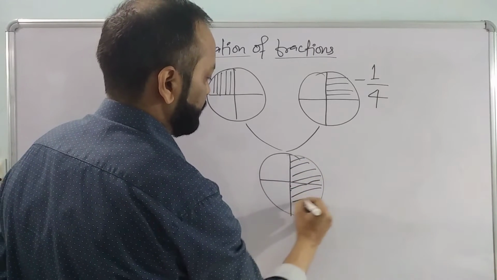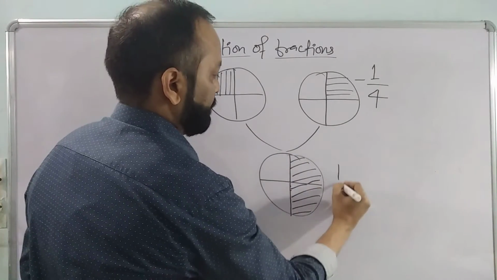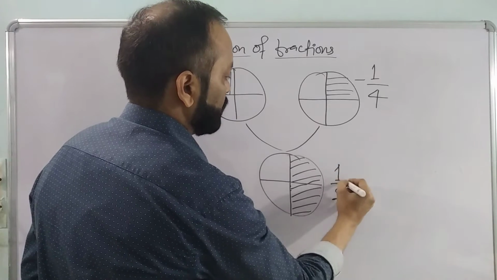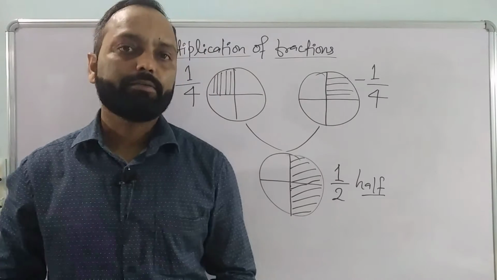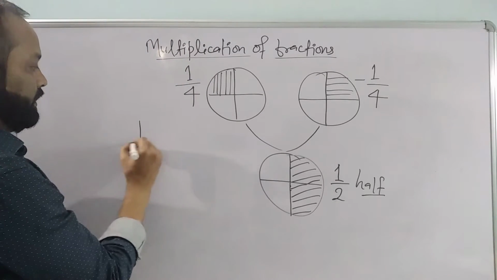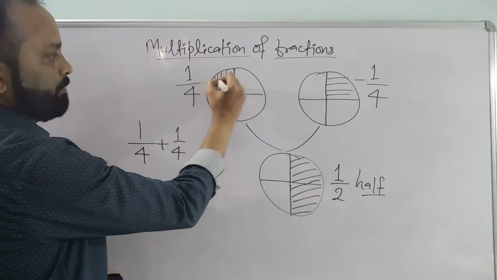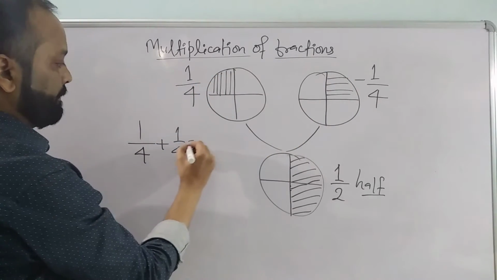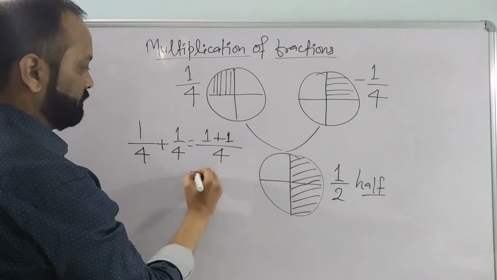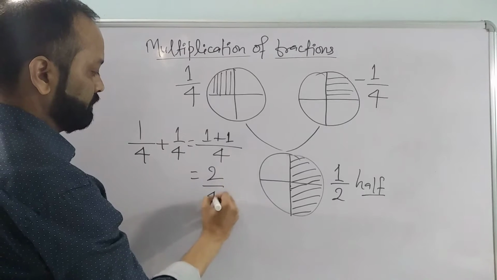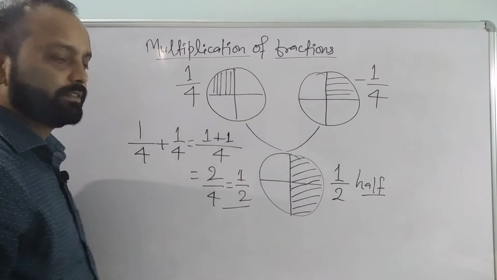so can we get the result like this? This will be 1/2 or half part, right? How? If we add this part and this part, so this will be 1/2, correct?